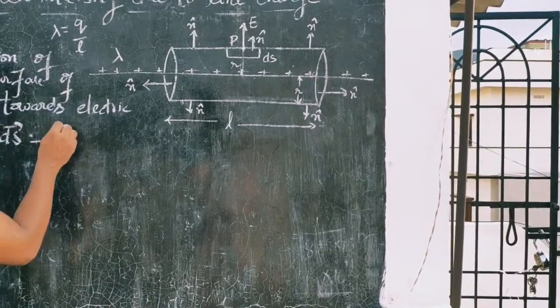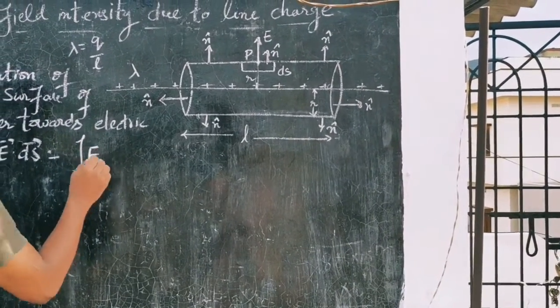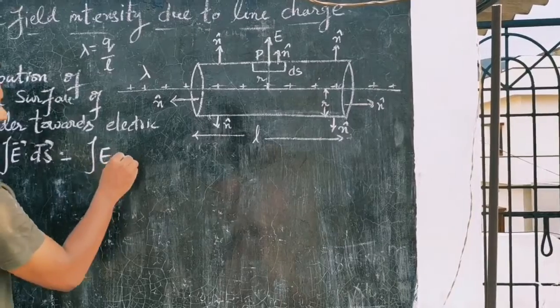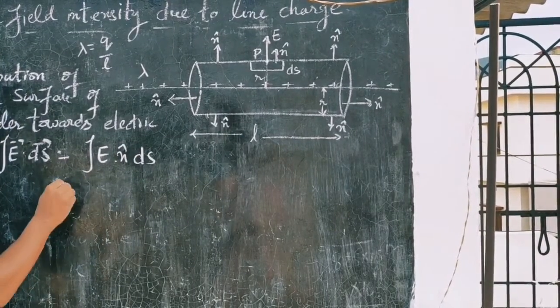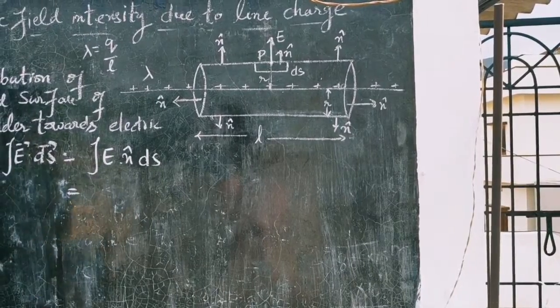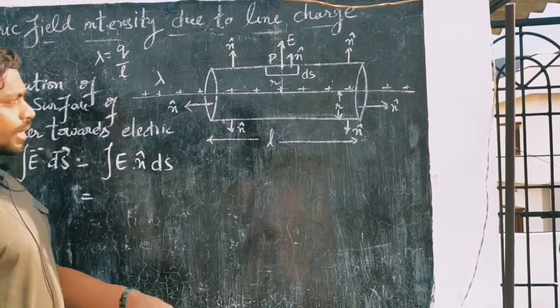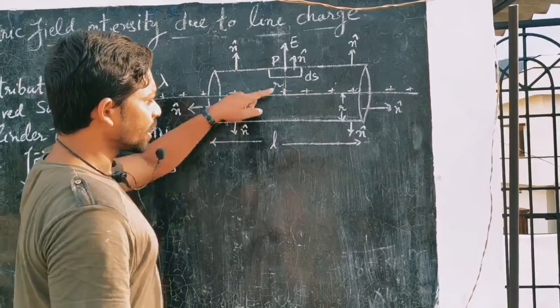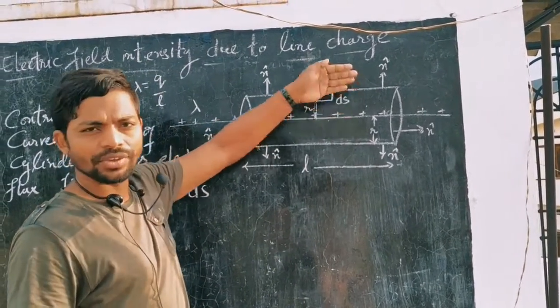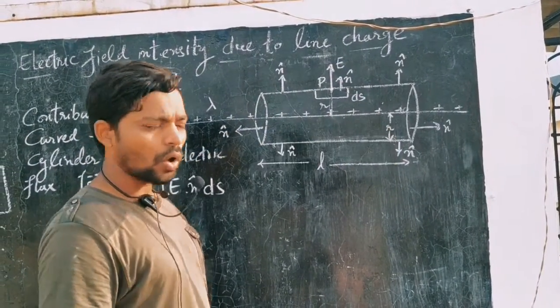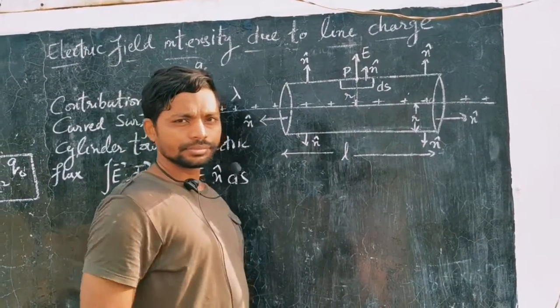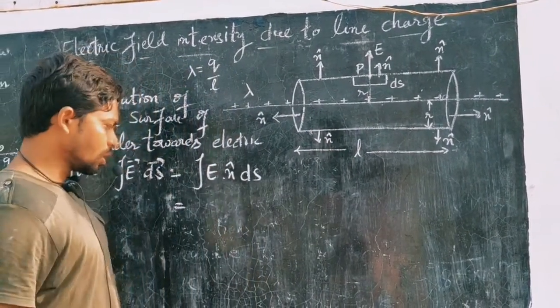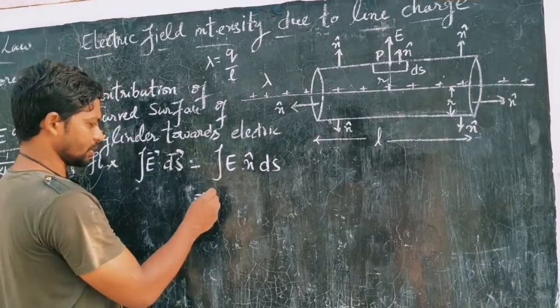So here I can write this as E, this vector can be written as n cap dS, and we know that the value of unit vector is 1 and E is constant. Let me tell you friends, electric field intensity on this entire curved surface is the same because all the points on the curved surface are at the same distance r. So E is constant, so E will come out of the integration.